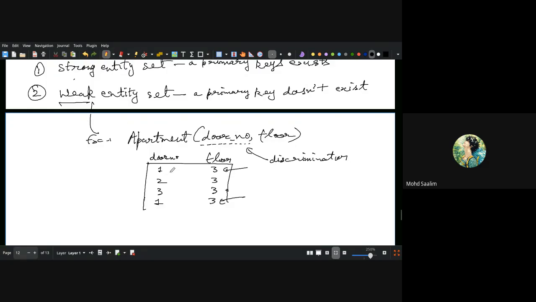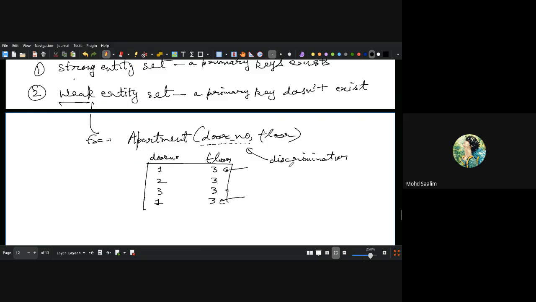For example, door number is most of the time giving you different values. This is 1, this is 2, this is 3, but it is not guaranteeing. That's why there are duplicates here and here. Discriminator is just like a weak version of a key.